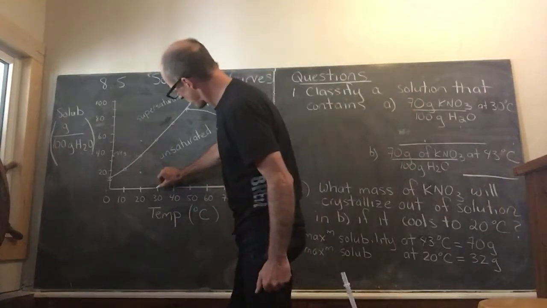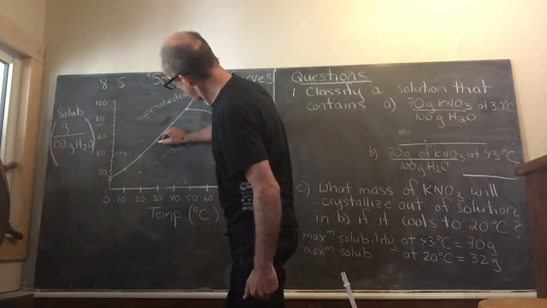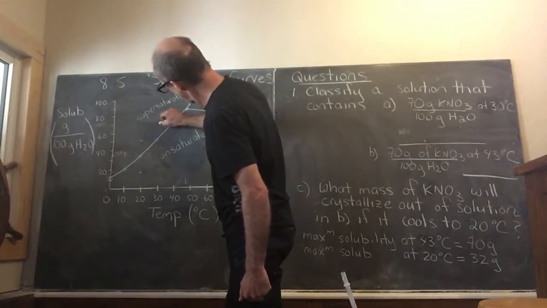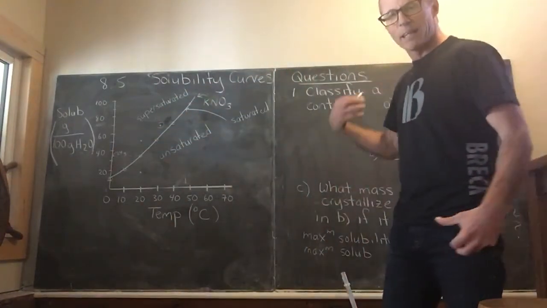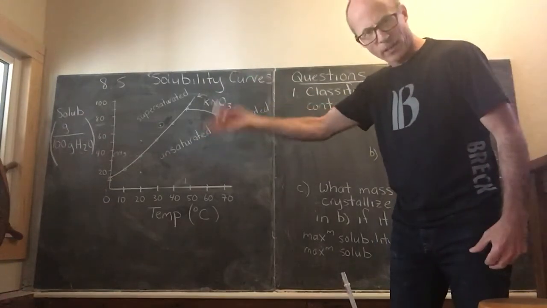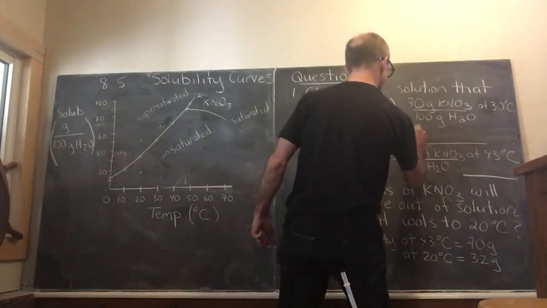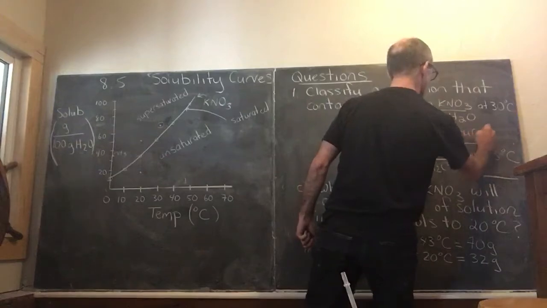If we go to 30 degrees and we go up until we hit 70 grams of solute per 100 grams of water, you can see pretty easily that we are beyond the saturation point for KNO3. So we can classify that solution as being supersaturated.